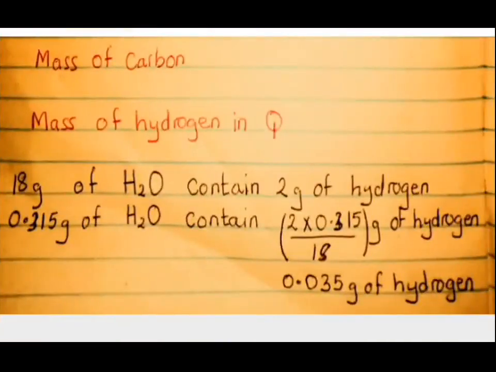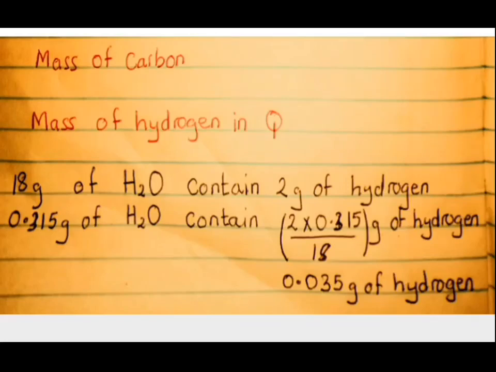So let us see the mass of hydrogen in Q. We know that 0.315 grams of water was produced after burning the organic compound Q, and we know the molecular mass of water is 18 and that of hydrogen is 2. So how do we get the mass of hydrogen which is in 0.315 grams of water?